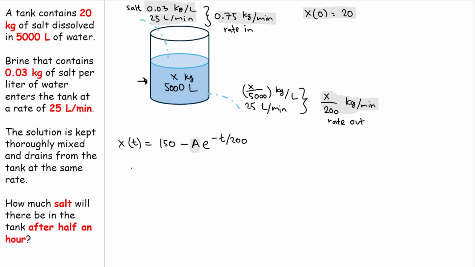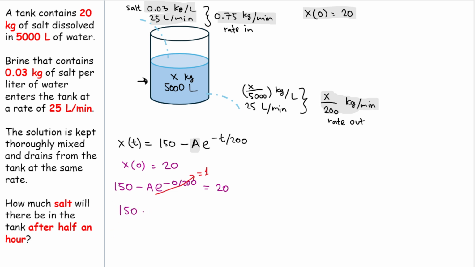Now let's plug in the initial condition. We know x(0) is equal to 20, so 150 minus a e to the minus 0 over 200 equals 20. Remember e to the 0 is equal to 1, so a multiplied by 1 is just a.